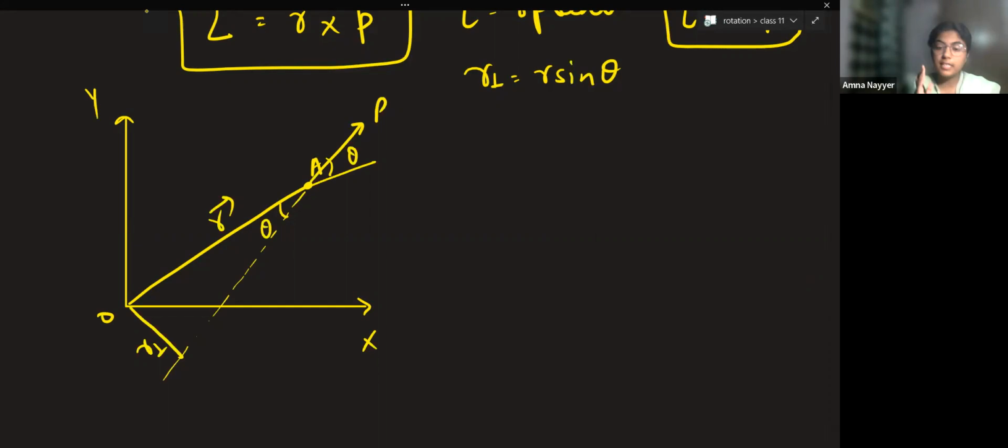Fine. And it's an axial vector. Axial vectors, when we were doing vectors, we have discussed it. Axial vectors means that its direction is along the axis of rotation. Wherever the axis of rotation is, the direction is towards it.